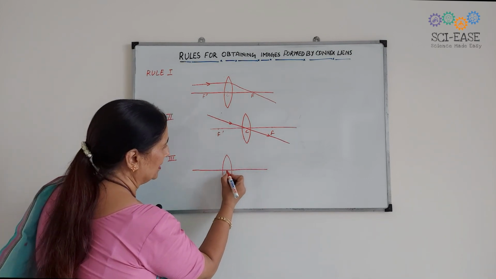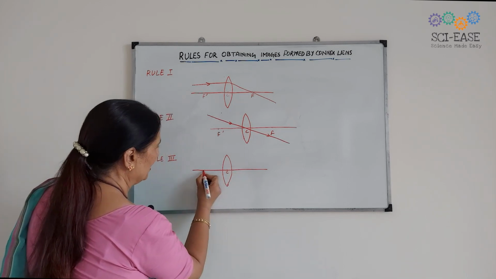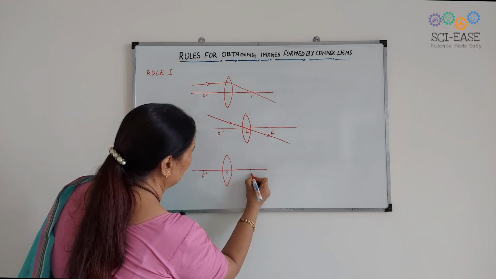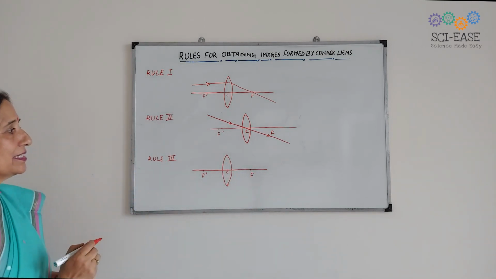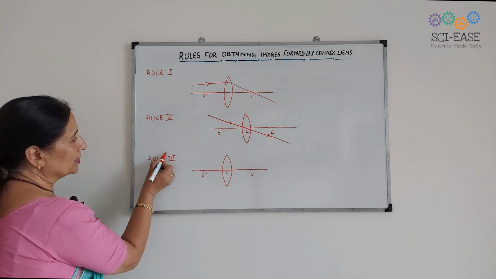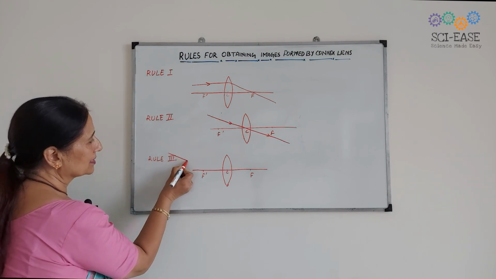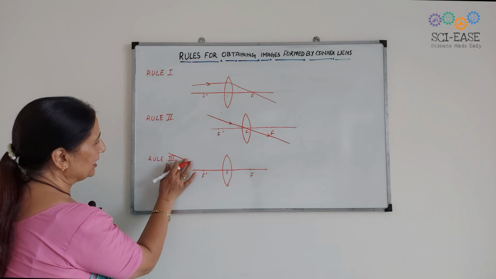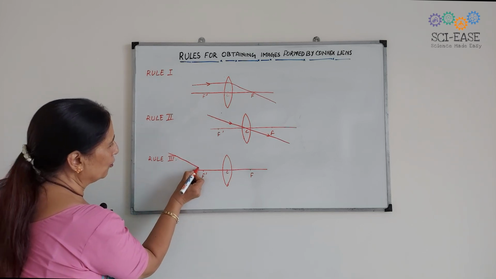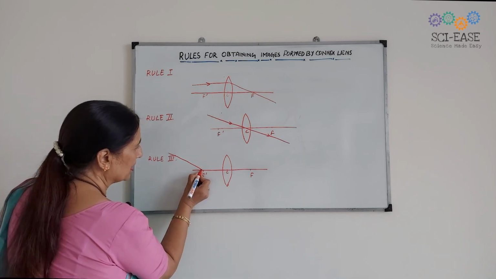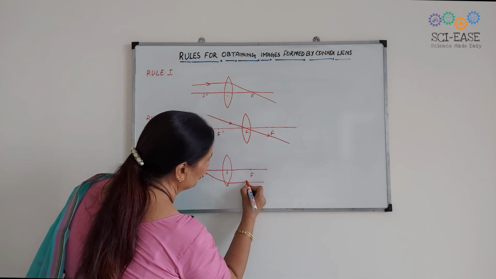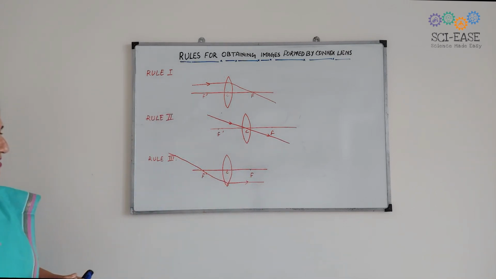Okay, this is C, F dash and F. The third rule is when the ray passes through the principal focus, it will become parallel to the principal axis.